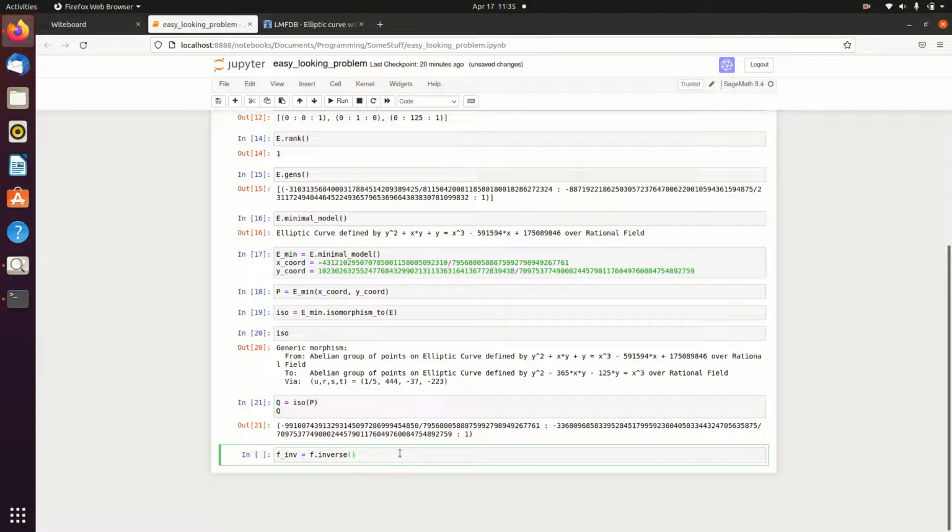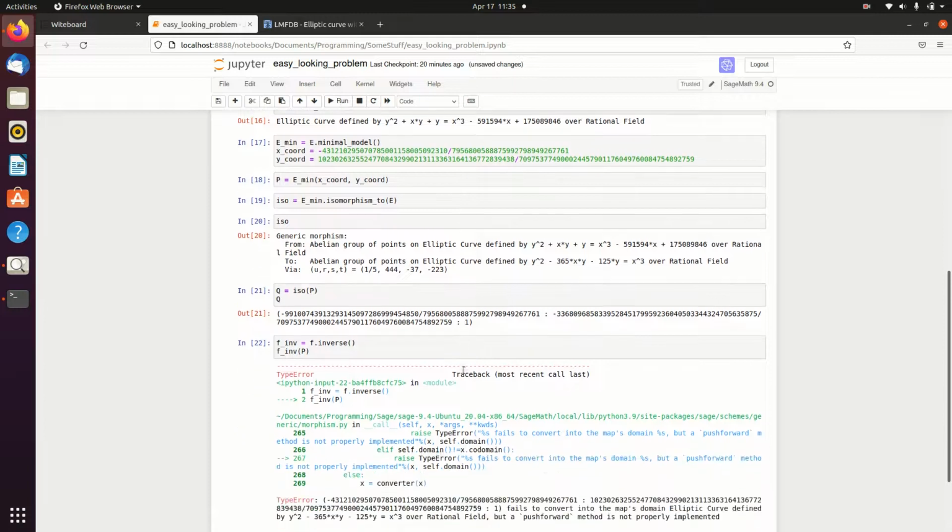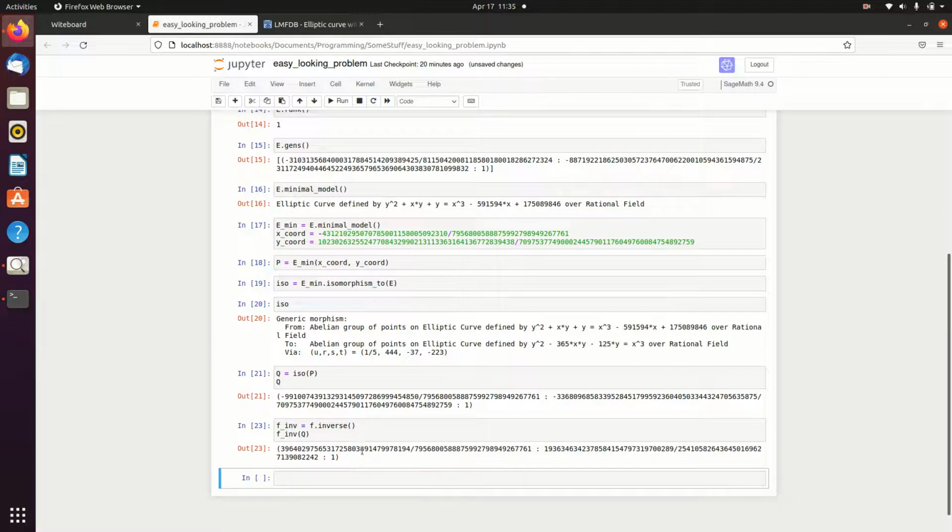So that's that, and now maybe just for illustration, let's make it a little bit more explicit. Oops, no, we don't want P, we want Q. Okay, so that's the point.